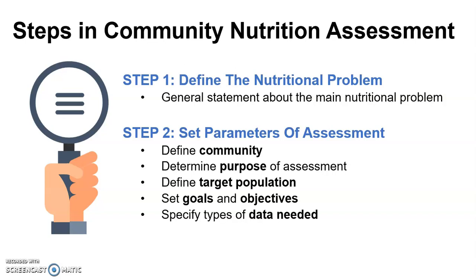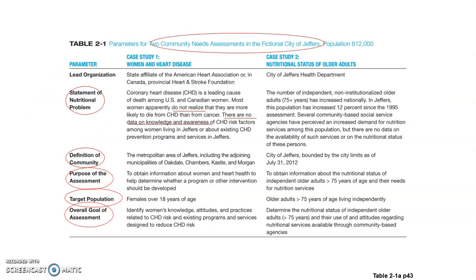Alright, sekiranya perlu. So these are an example of those yang dah pernah buat tentang contoh case study 1, woman and heart disease. Case 2, nutrition status of older adult. So you boleh tengok satu-satu how they did it based on the parameters of assessment.